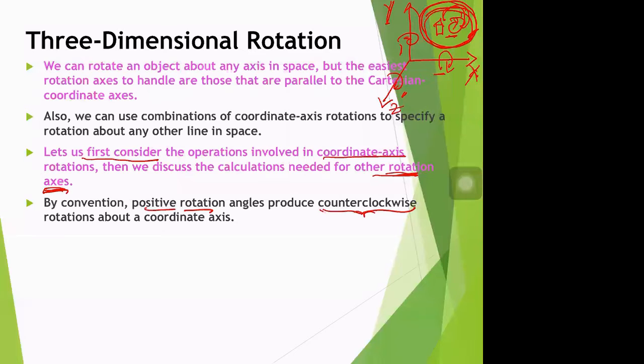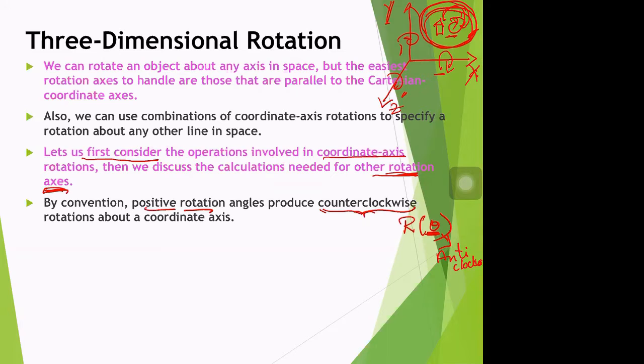I think you remember it is anti-clockwise. So theta was positive when I was rotating anti-clockwise.